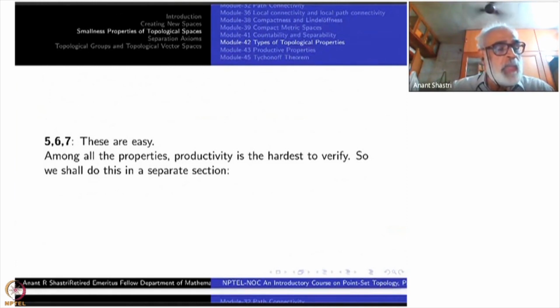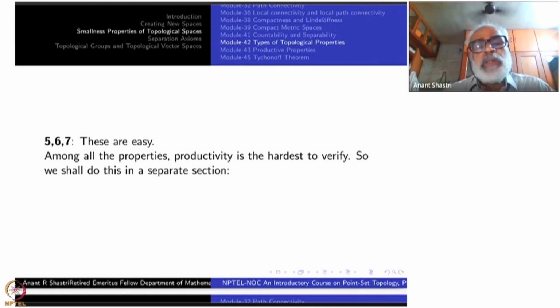Why? Take a countable set which is dense, go to the quotient, take the image, that will also be a countable set. Claim is that it is dense. Very easy, because all that you have to do is take an open set in the quotient space. You have to show that it intersects this image, right? Go to the inverse image. That is an open subset in X. So that will intersect the original dense set.